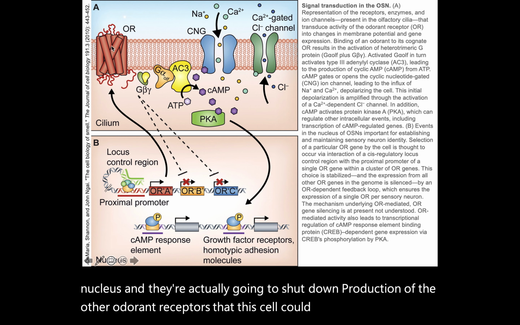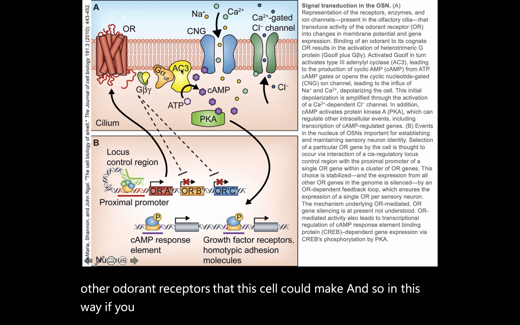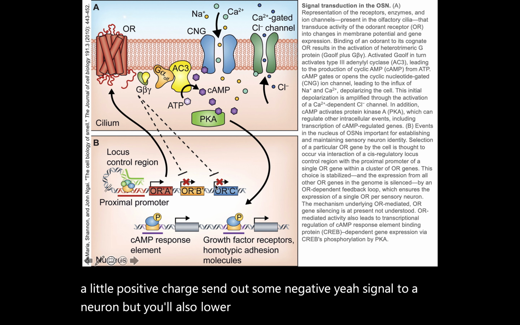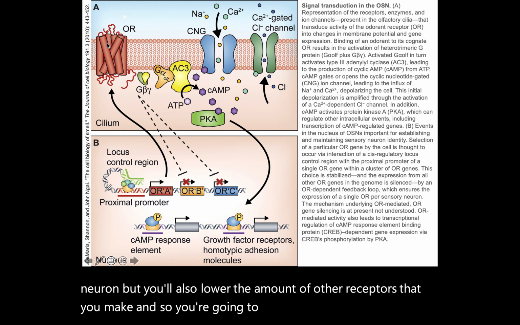And so if you smelled one thing, you'll send off a little positive charge, send a signal to a neuron, but you'll also lower the amount of other receptors that you make. And so you're going to be ready to smell the same thing again.